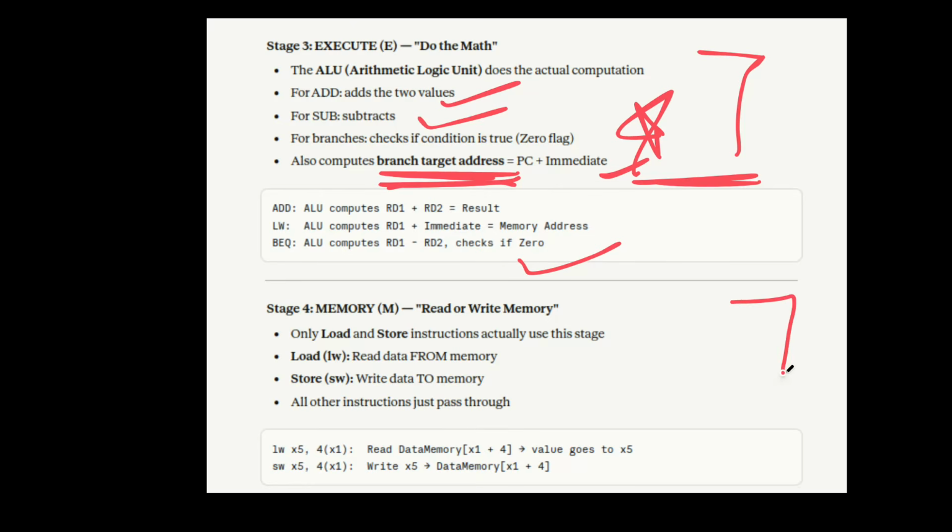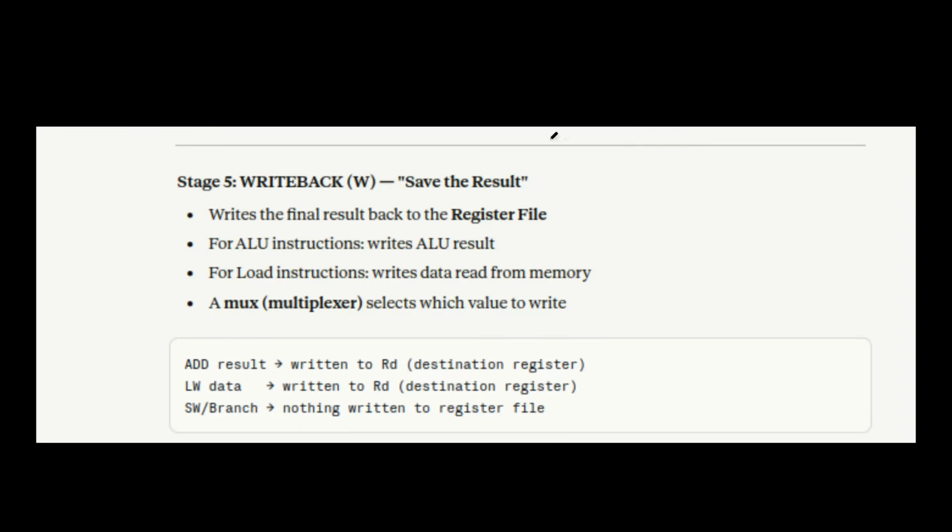Now we have the memory part. The memory part is, if I want to access anything, reading or writing in the memory, if I want to write anything to the memory or read anything from the memory, that part is the memory part. Then I have the write back part. Write back means the last part, that is here.